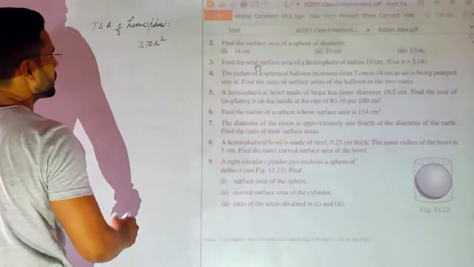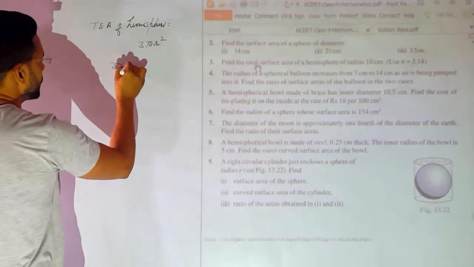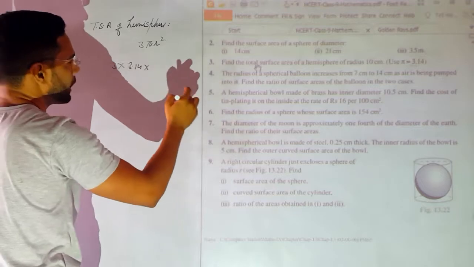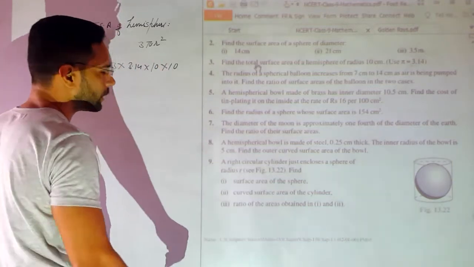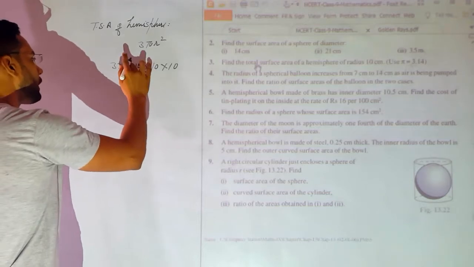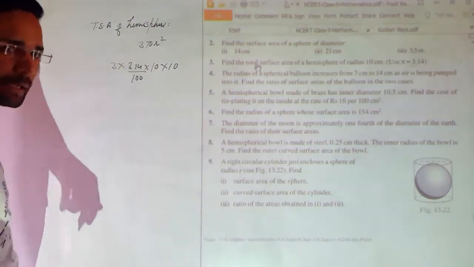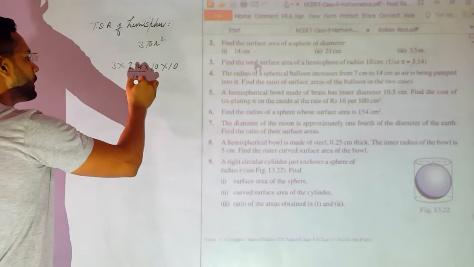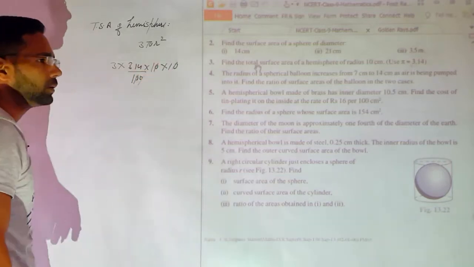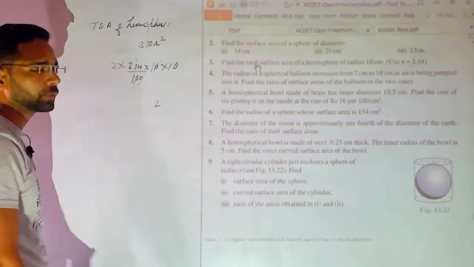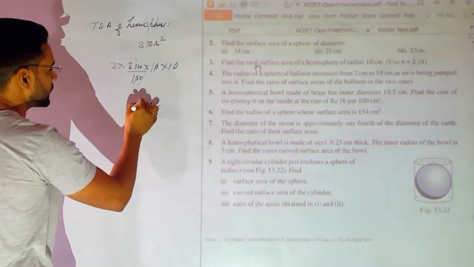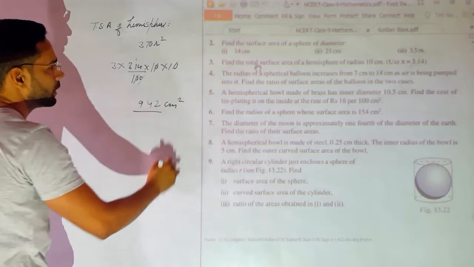Use pi is equal to 3.14. Now 3 into 3.14 into r, meaning 10 into 10. Remove the decimal once again. Now 3, 1, 4 into 3: 3 fours are 12, 1 carry 3, 3 ones are 3 plus 1, 4, and 3 threes are 9. That is your answer.